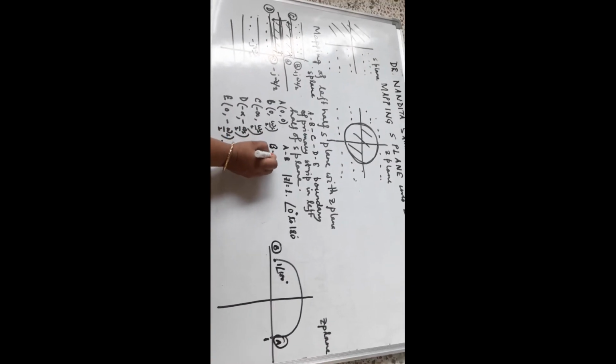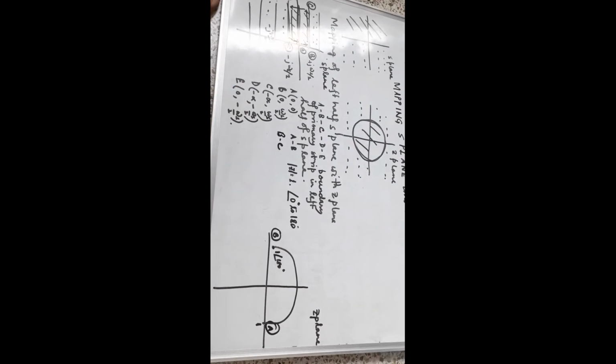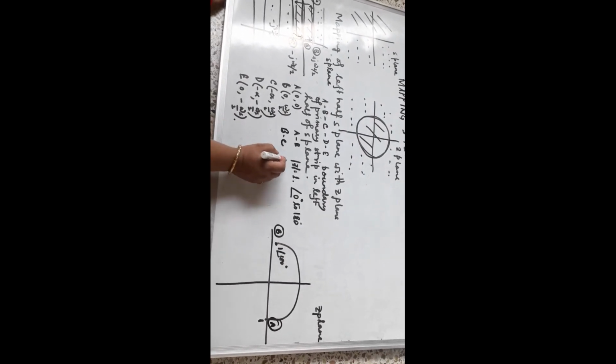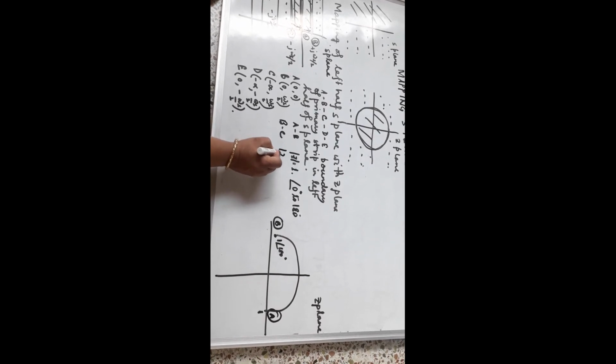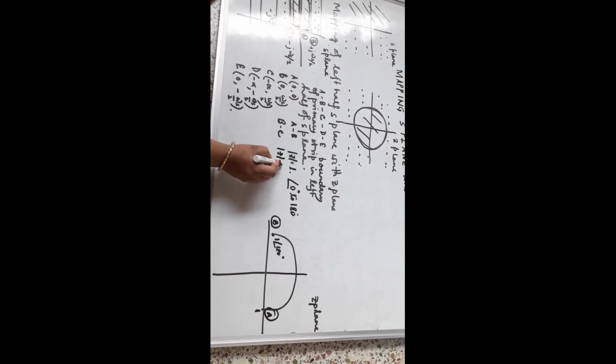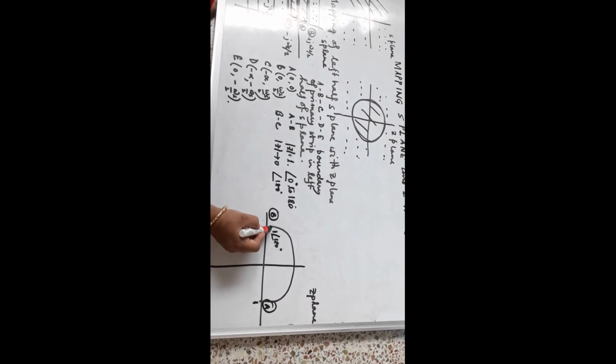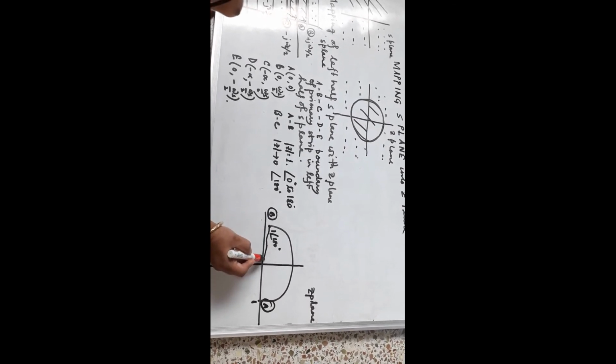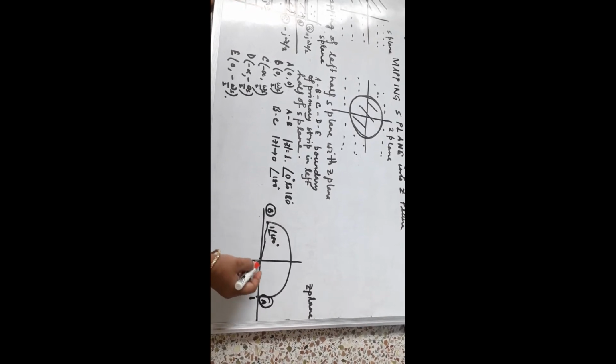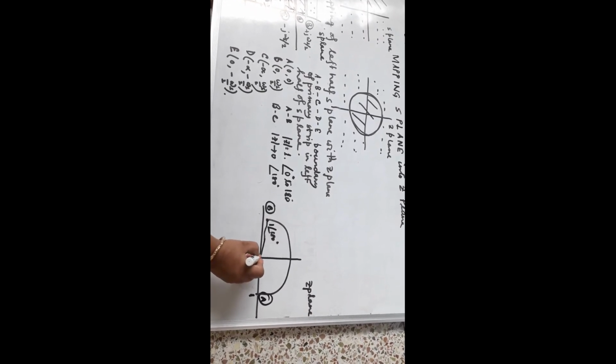Now if we go from B to C, it is seen that the value of Z will tend to 0 as the coordinate of C is minus infinity, but the angle will remain 180 degree only, or plus pi. So this value will go to this and this is the value where Z is equal to 0.